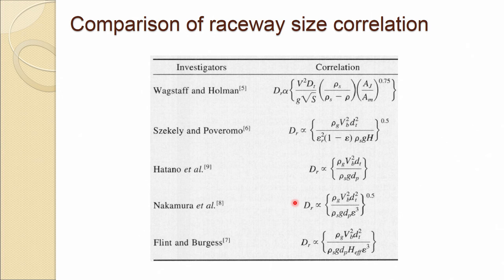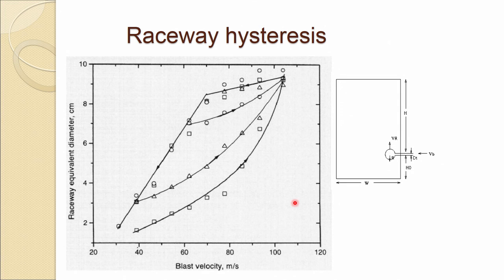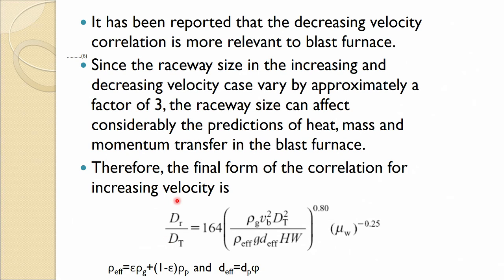Certainly there is a problem, and that problem is because they were doing the experiments mostly in the increasing case, and could be in between also, but nevertheless they were not doing it in this decreasing condition.